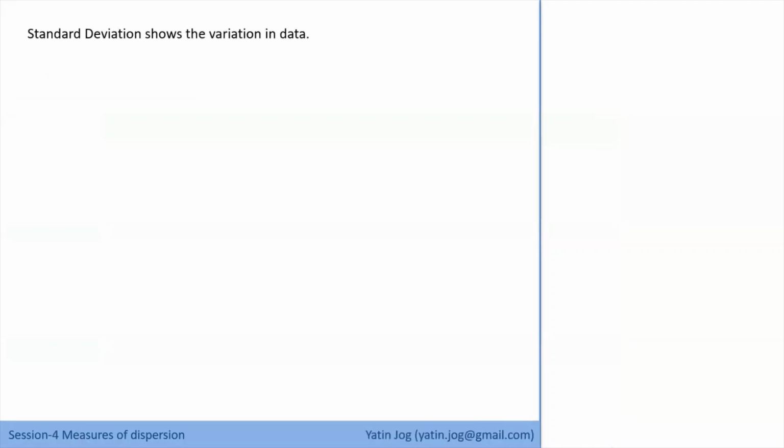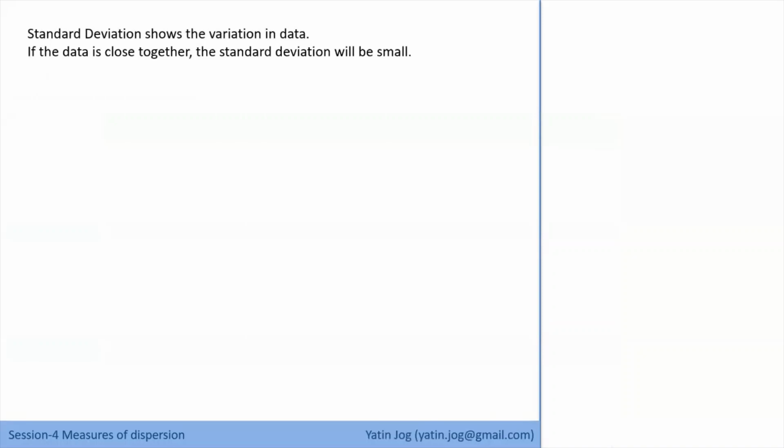In short, what we have discussed in the last 1 hour about variance and standard deviation: just the mean is not sufficient to describe the data. We also want to know the variation in my data points, how my data points are spread around the mean, and based on that spread and the mean value, I can try to visualize my data set. So standard deviation shows the variation in data.